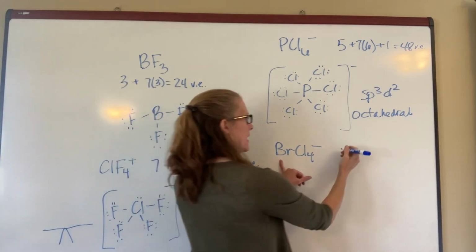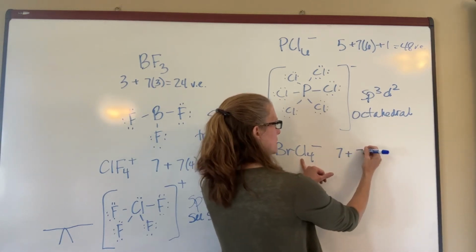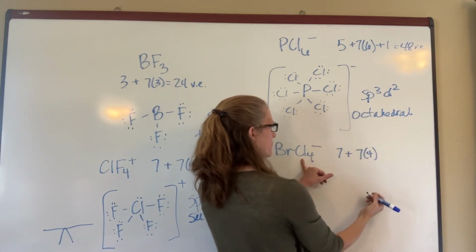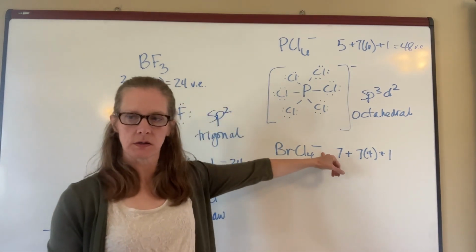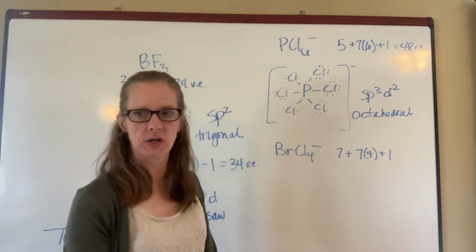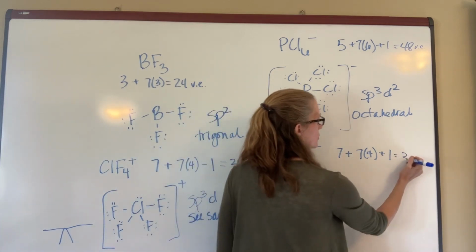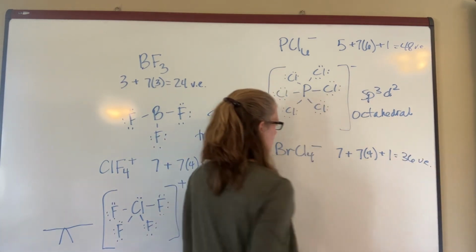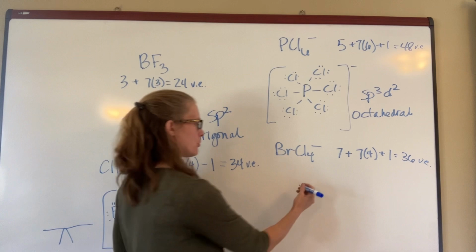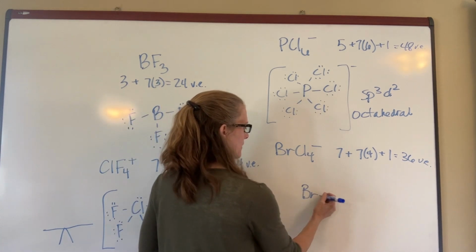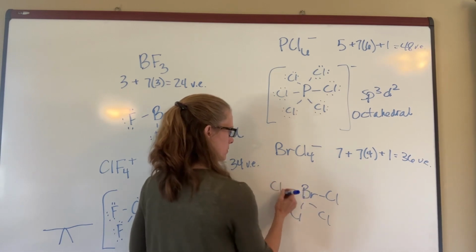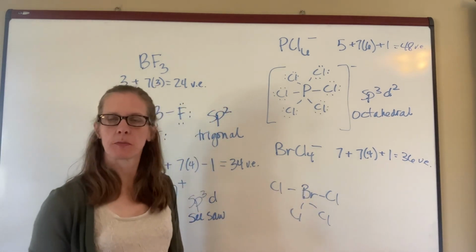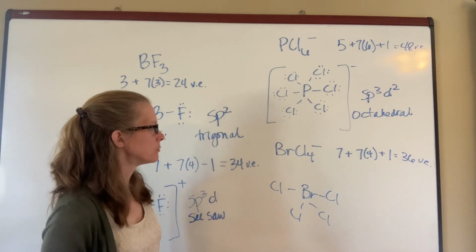So bromine has 7, chlorine has 7, and there are 4 of them. Plus I have 1 more electron due to the ion. And so that is going to give me a total of 36 valence electrons. One more time, the bromine is going to be central. I'm going to put my chlorines on here. Okay, and then I'm going to start adding lone pairs.